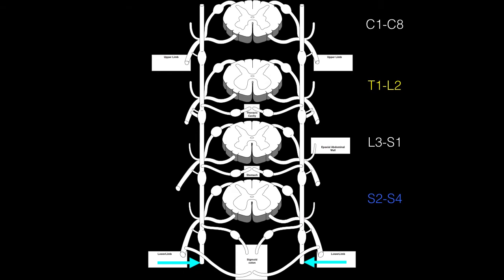The spinal cord is inside of the vertebral canal. So we got our vertebral column, and within it is where our spinal cord is. The sympathetic trunk sits on the outside of that vertebral column. So it's not in that same vertebral canal created by the bones.